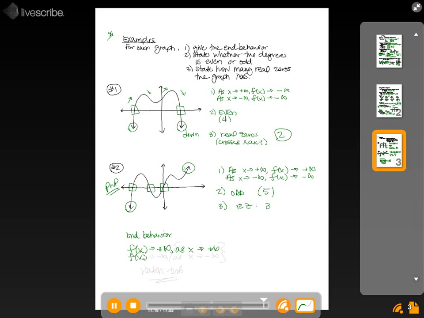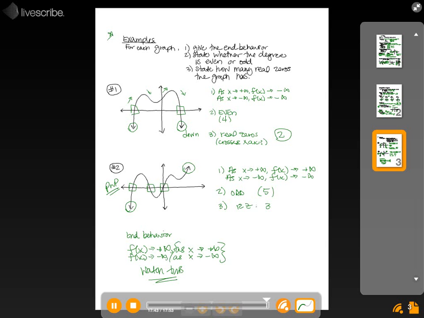F of x goes to negative infinity as x goes to negative infinity, and all they've done is switched it around. This part here comes second, but it's first the way we wrote it, so it's just flipped. So pay attention to that. I'm going to write watch this, because that might happen depending on what you're looking at.